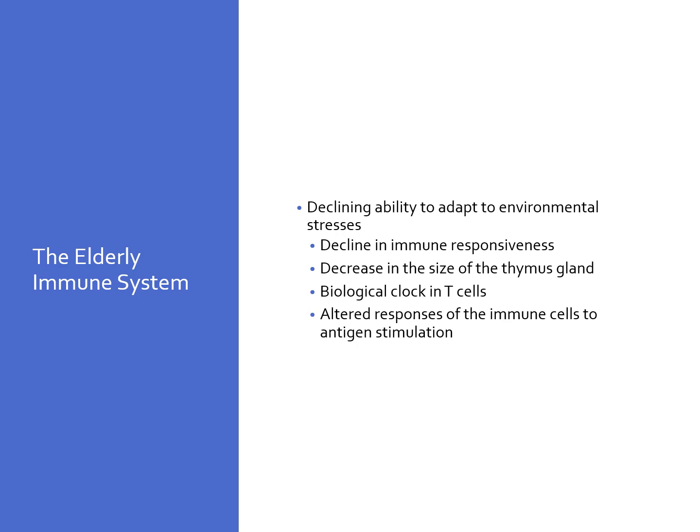There's also an inborn biological clock in those T cells. So they start to die off and their numbers are naturally reduced as we age. And there's also an altered response of the immune cells to antigen stimulation. So that response to antigens isn't as, I don't know what word I'll use, maybe forceful or efficient as it is in younger people.